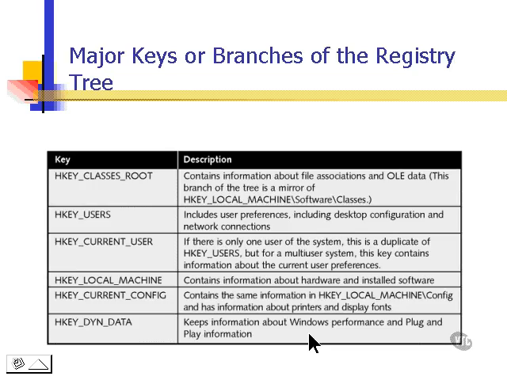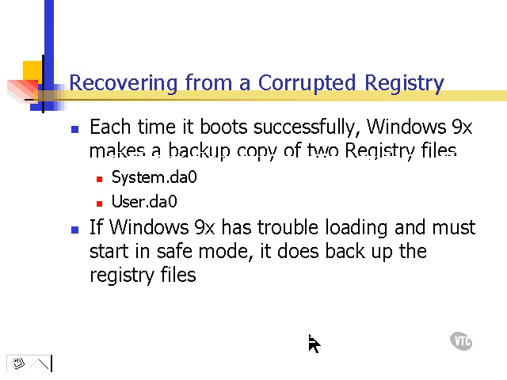Now, since the registry is the brain and is an extremely important part of the system, it has to have a way of protecting itself. Each time that the system boots successfully, Windows 9X makes a backup copy of two registry files.